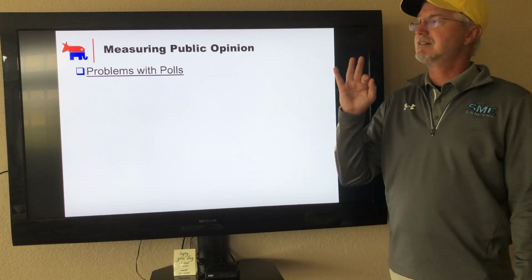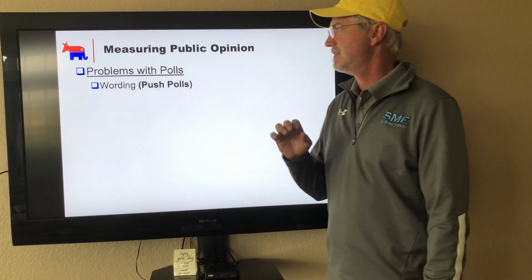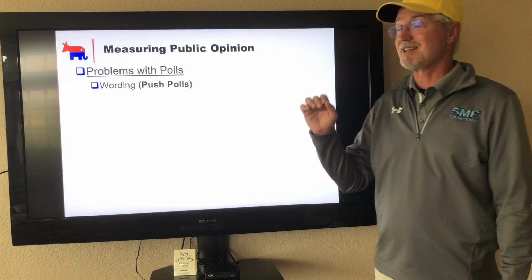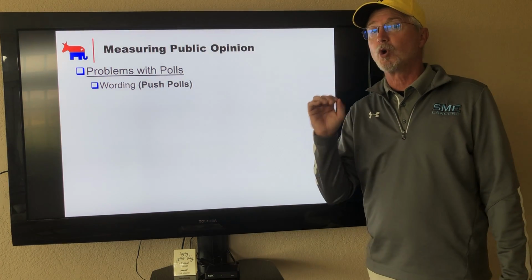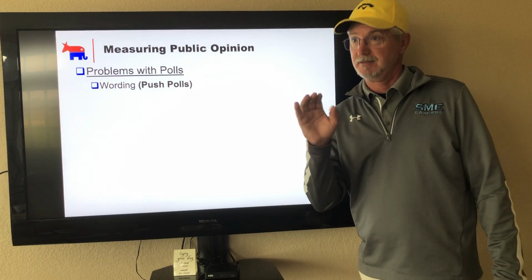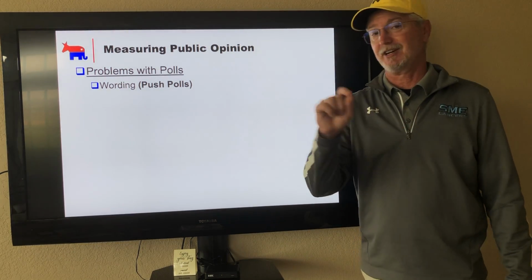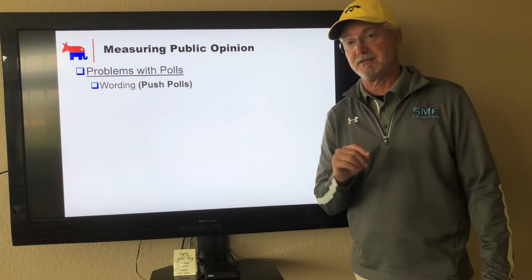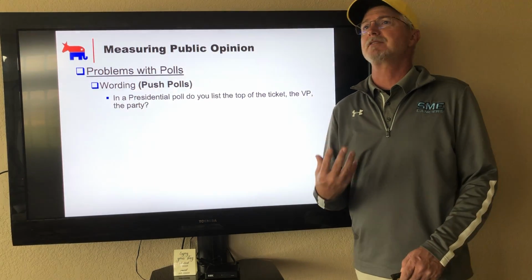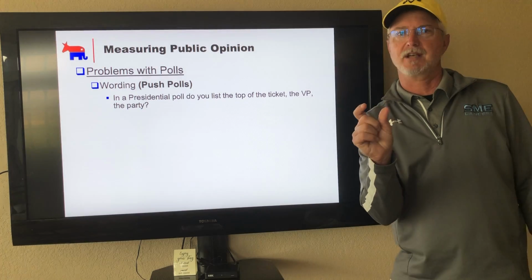Now, the last thing, and this is what bothers me about polling data the most, and that is a push poll, because you can word the question to elicit a specific response. You want the response, so you word the question that's going to give you that response, and I have some examples here. The wording is very, very important. If you are taking a presidential poll, do you list the vice president on that poll?